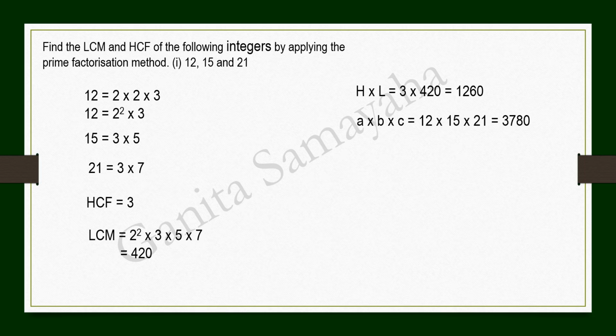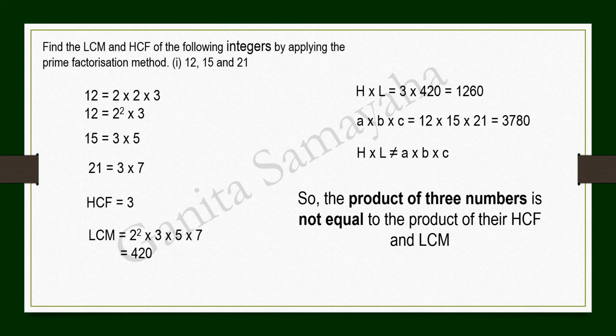No. So this tells us that H into L is not equal to A into B into C. That means the product of the HCF and LCM is not equal to the product of three numbers. It will be only equal to the product of two numbers. So this is what we have established now. Is it clear, children? Okay.